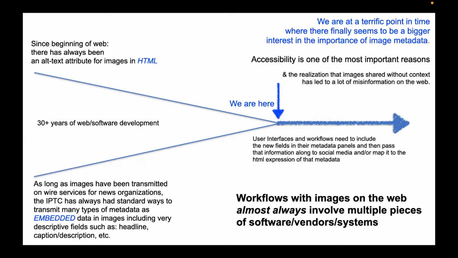So I feel like we're at this point where we're now beginning to join these together, but all of these 30 years of web and software development need to come together and figure out how to pass along the information from their metadata panels to the social metadata, to social media, or to the applications that do the HTML expression of that metadata.